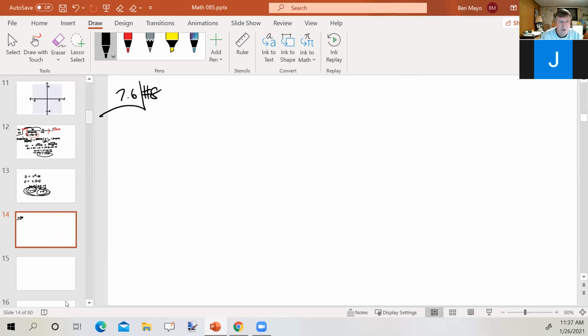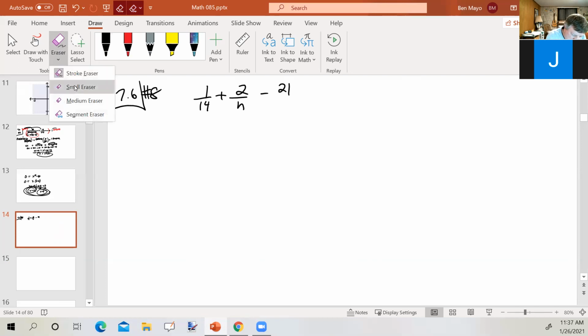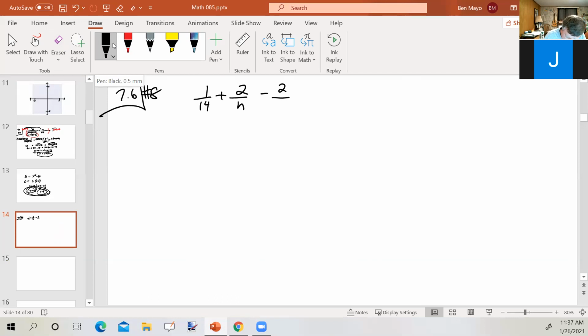If there is no solution, enter no solution. And the equation is 1/14 plus 2 over n minus 2 over 21 equals 0.